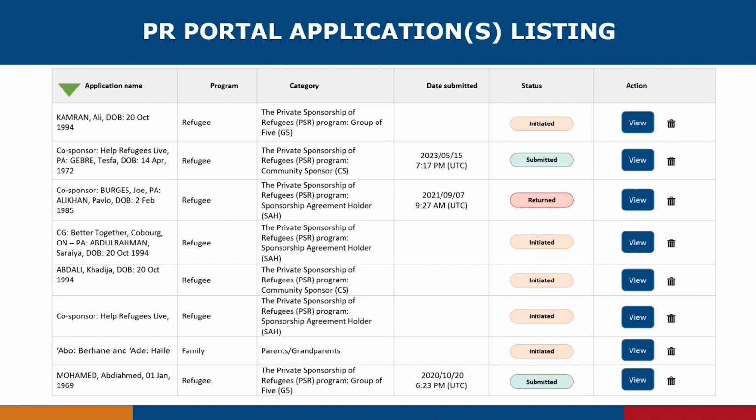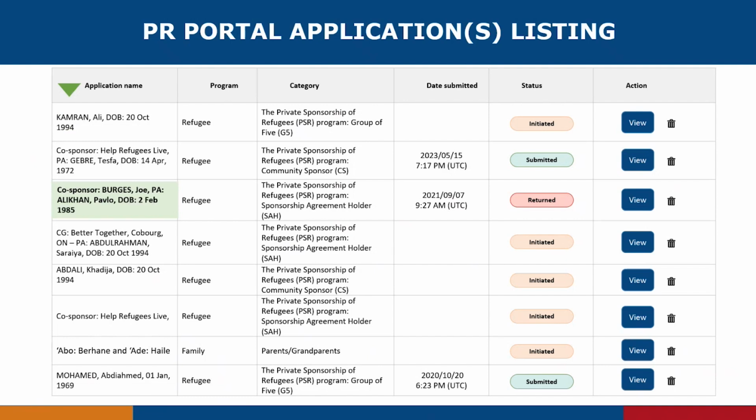A simple naming convention you may wish to use is to start with the family name of the principal applicant in all capital letters, followed by their given name and their date of birth. For sponsorship agreement holders who work with constituent groups and co-sponsors, you may want to create a naming convention that includes the name of the CG or co-sponsor.